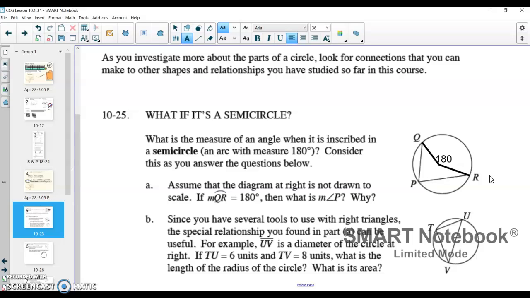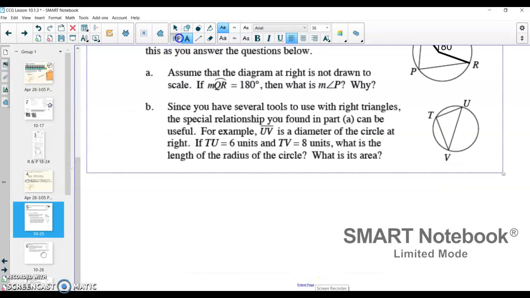And then, like I said in the beginning of the video, that inscribed angle is always half of your central angle. And so the measure of angle P must be 90 degrees. That's going to be my answer for part A here.